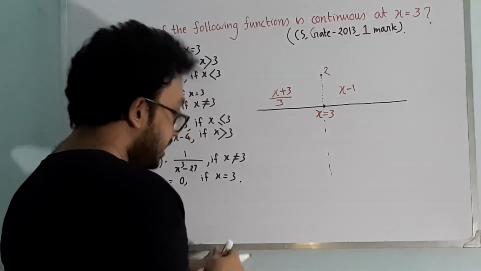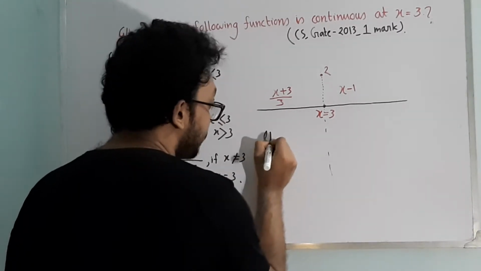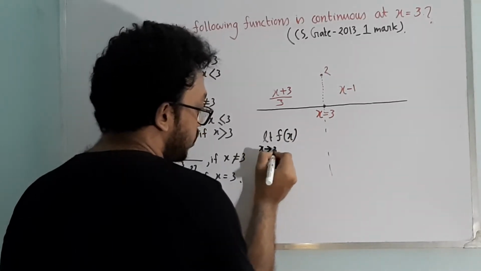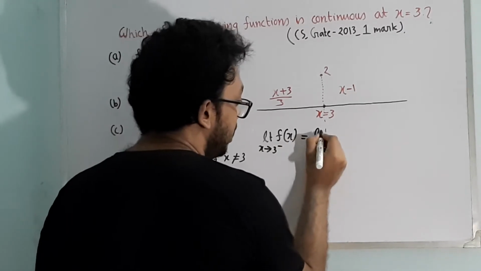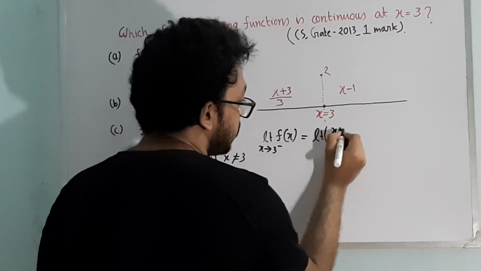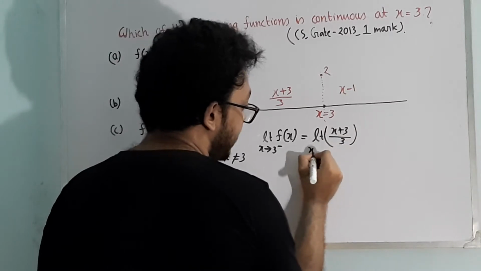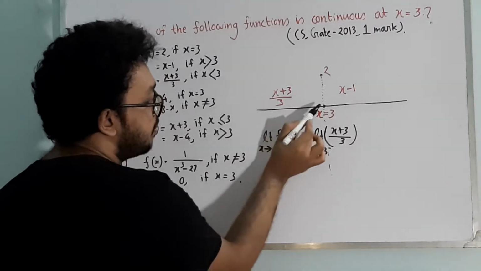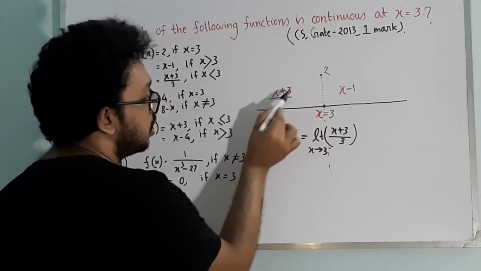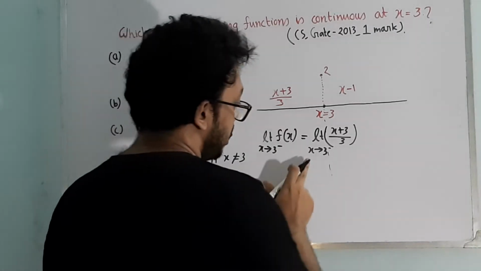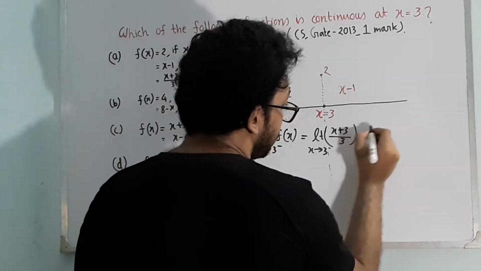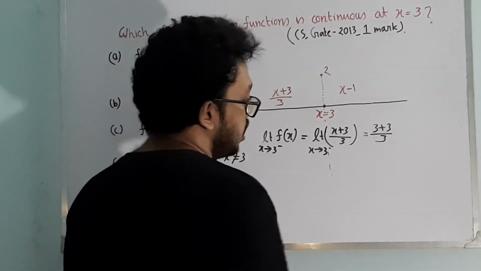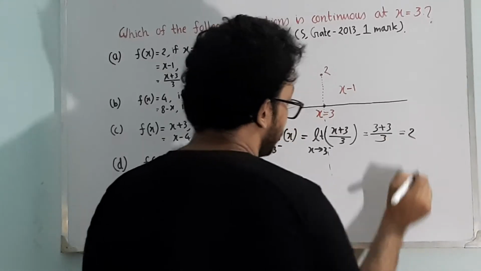So the left hand limit of the function f(x) at x equal to 3, which is denoted by limit of f(x) as x tends to 3 minus, will be equal to limit of (x plus 3) by 3 when x tends to 3 minus, right? f(x) has to be replaced by (x plus 3) by 3 because just in the left hand side of x equal to 3, f(x) equal to (x plus 3) by 3, and this value is equal to (3 plus 3) divided by 3, this x replaced by 3, so it will be 6 by 3 equal to 2, right?